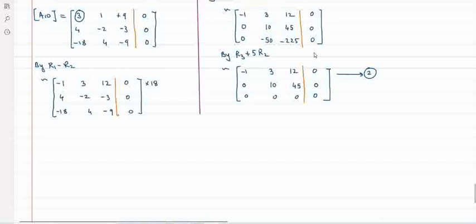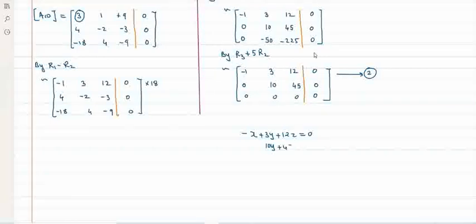So corresponding equivalent equations: minus x plus 3y plus 12z equal to 0, 10y plus 45z equal to 0, and let z is equal to t as a parameter. Then find y.